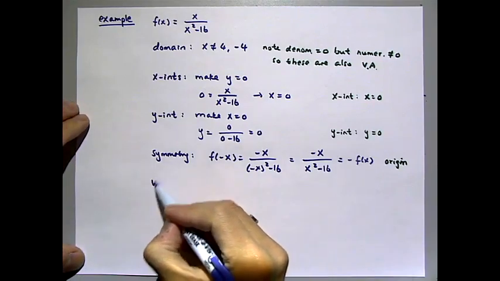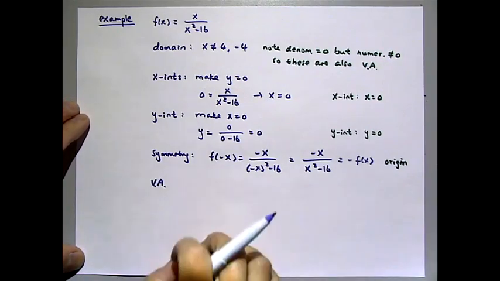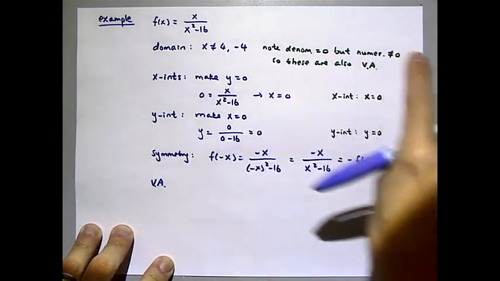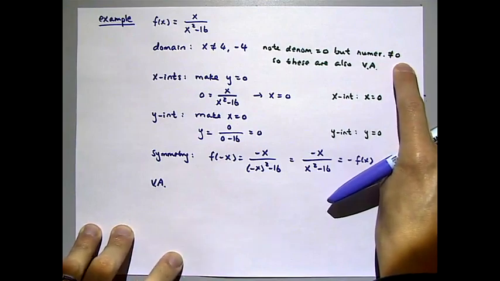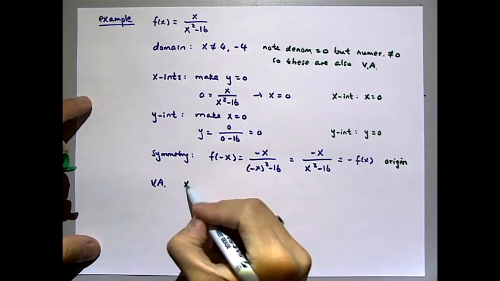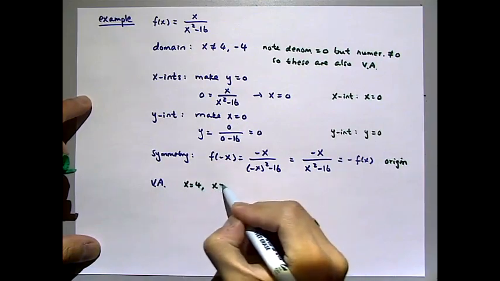Asymptotes. Let's start with the vertical ones first. The vertical asymptote, we already talked about it. They occur when the denominator is 0, while the numerator is not 0. So these are x is equal to 4 and x is equal to minus 4.